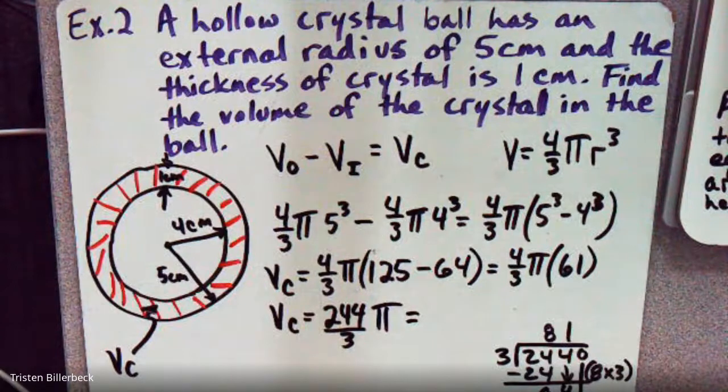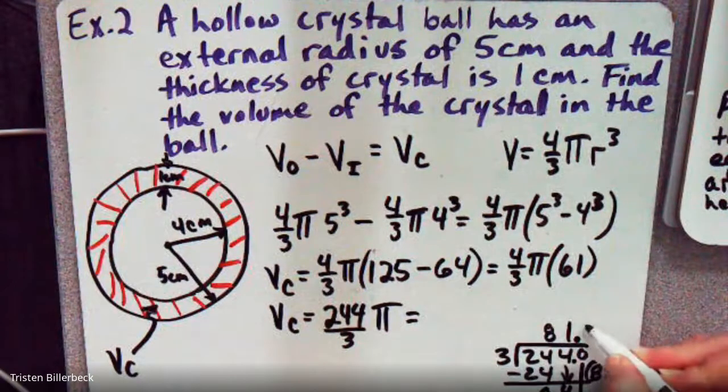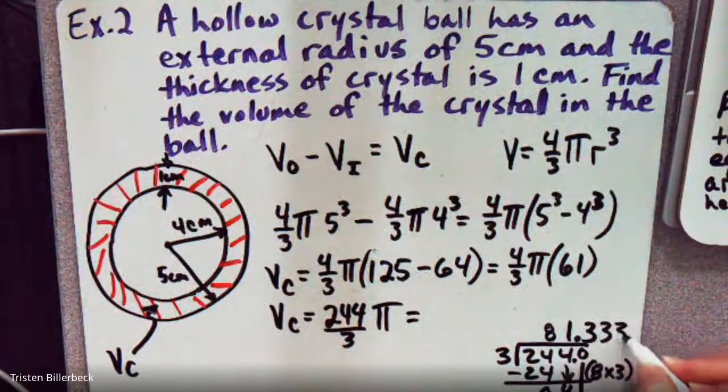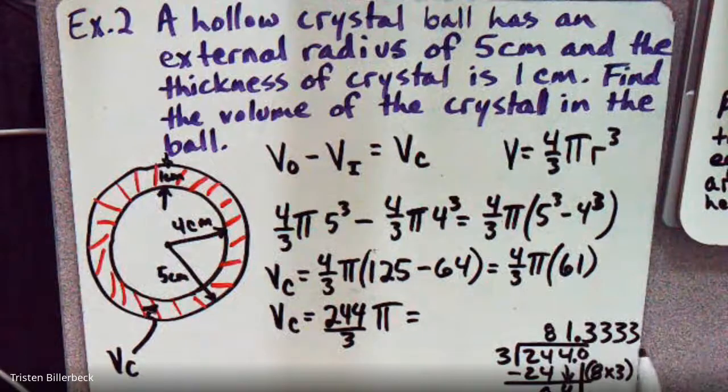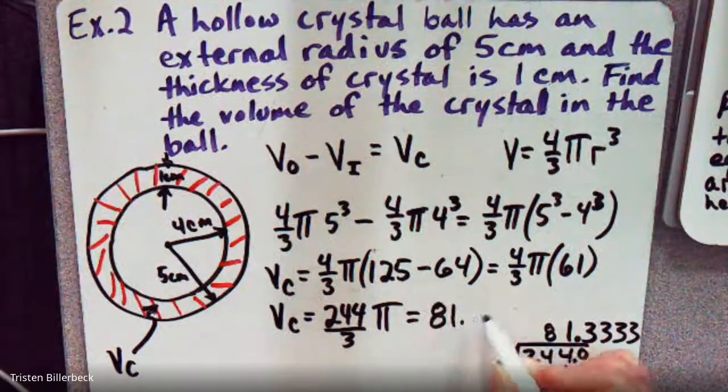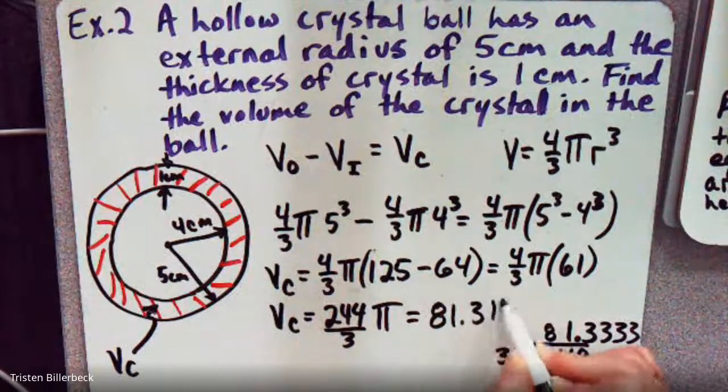So there's a point here, and that's 3, and this is going to be a repeating 3. It's just going to keep going because 1/3 is equal to 0.3333. So we're going to approximate that to 81.3 times pi.